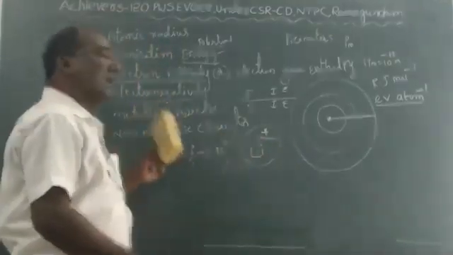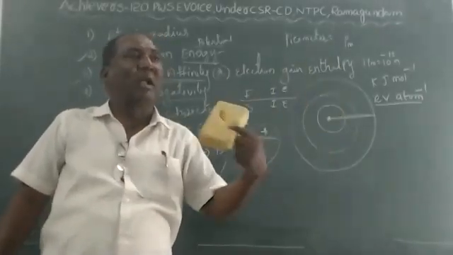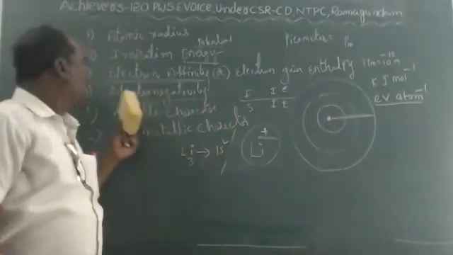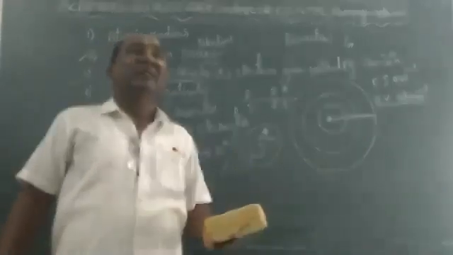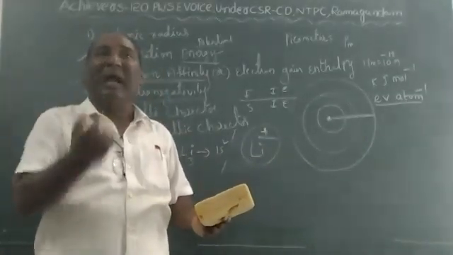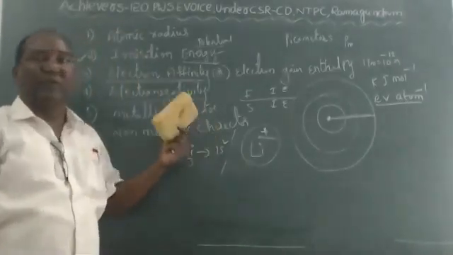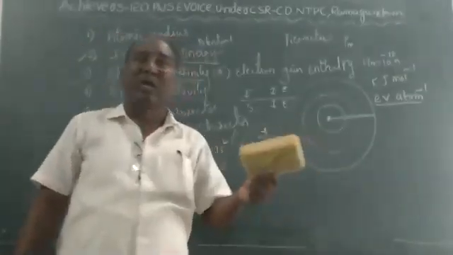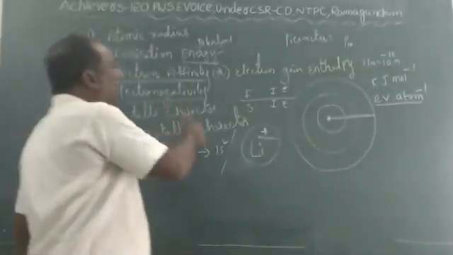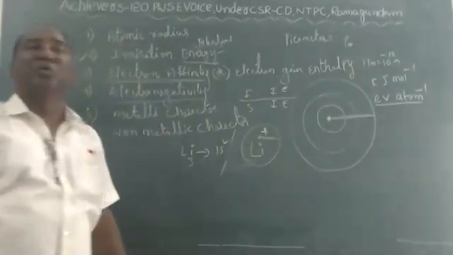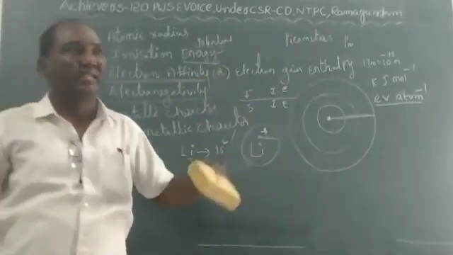That is called electronegativity. Electronegativity increases in a period from left to right, and decreases in a group from top to bottom.